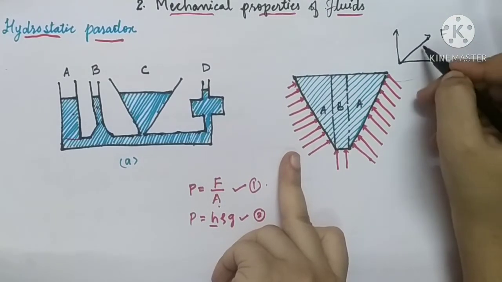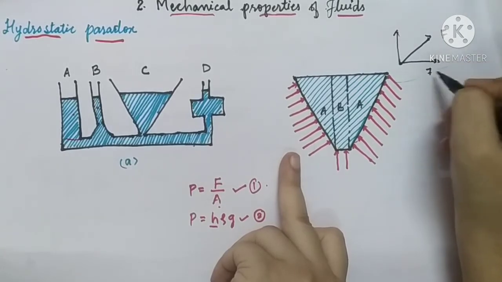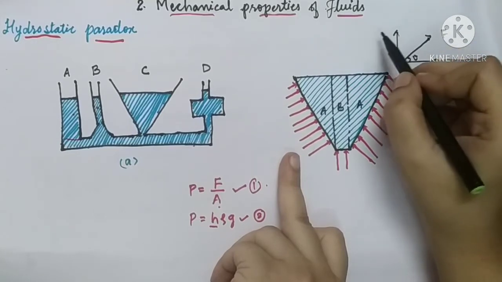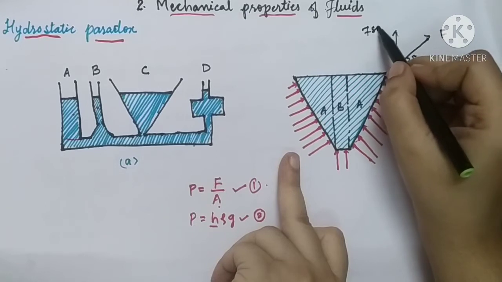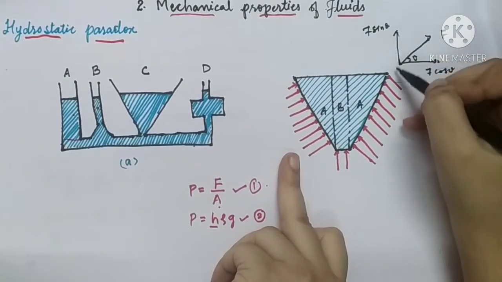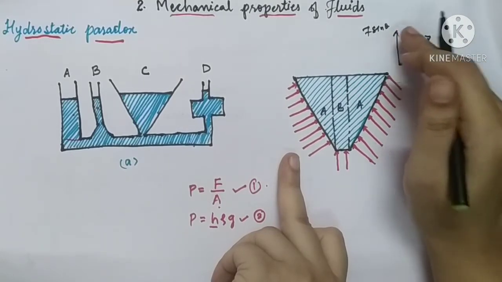So if this force is resolved into two parts, you will get two components, F cos theta, which you are already aware of from this resolution, and F sin theta. So you will see that F sin theta is the component of the applied force which is vertical over here.